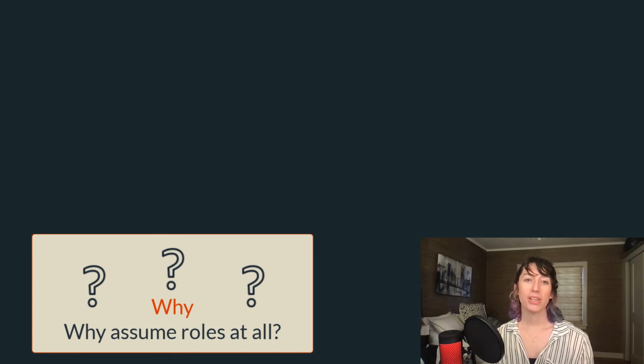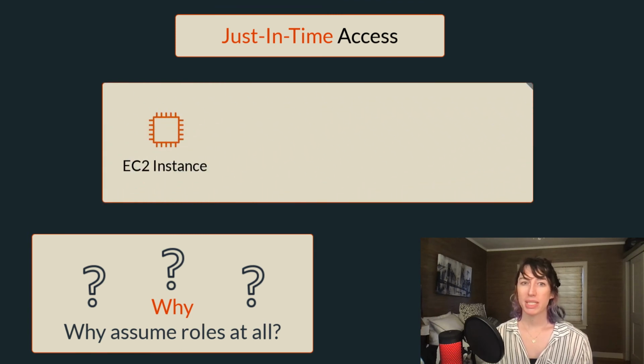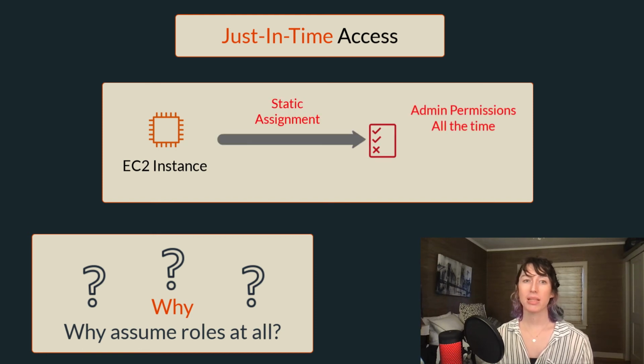Another really useful use case is just-in-time access. Say we have an EC2 instance that needs to have a lot of access for some jobs it runs overnight. We could absolutely grant that EC2 instance the permissions directly, but then it would have those broad rights all the time. What if someone accidentally runs a job that used those permissions, or that machine is compromised?